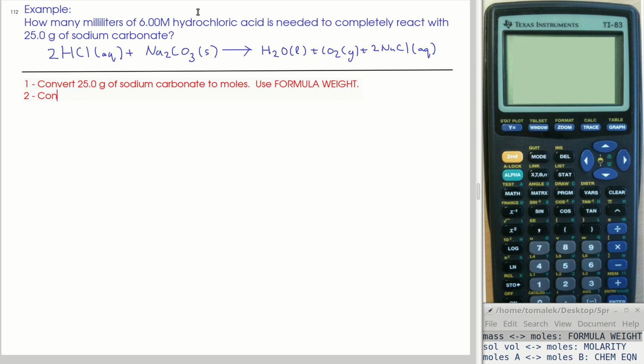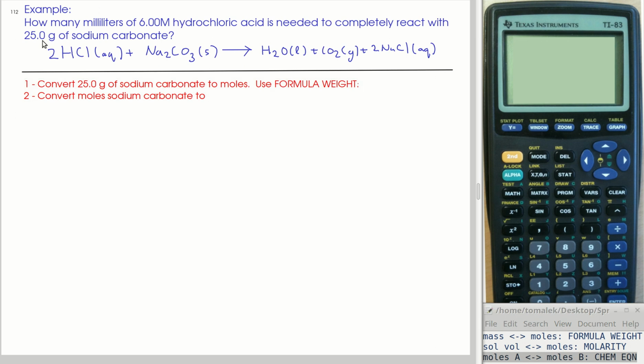We found the moles of sodium carbonate. The next thing we would do is convert moles of sodium carbonate to, and then we say, okay, what happens when we have things in terms of moles? Well, when you have things in terms of moles, you unlock the chemical equation, meaning you can change one substance to any other substance in the equation.